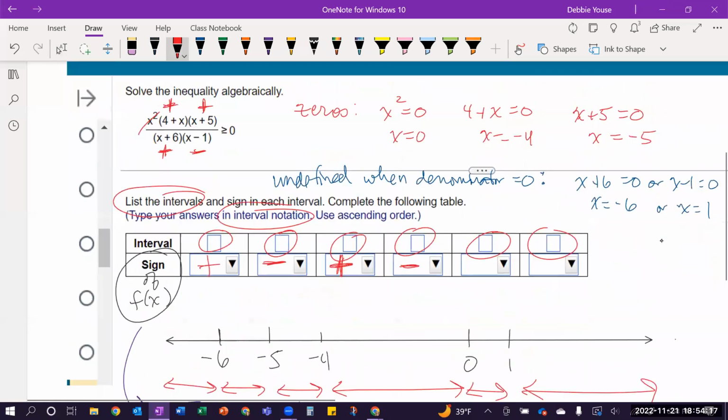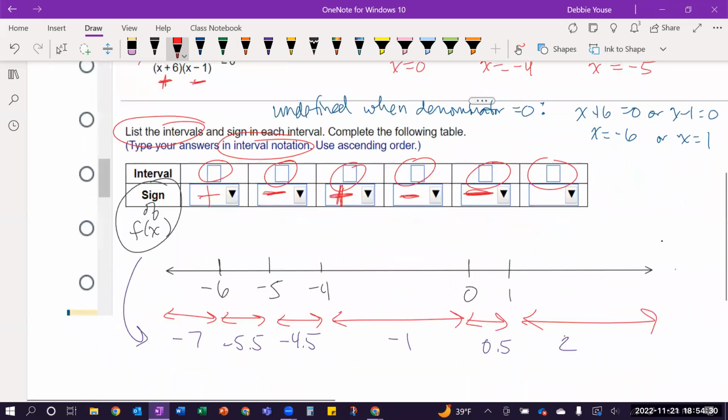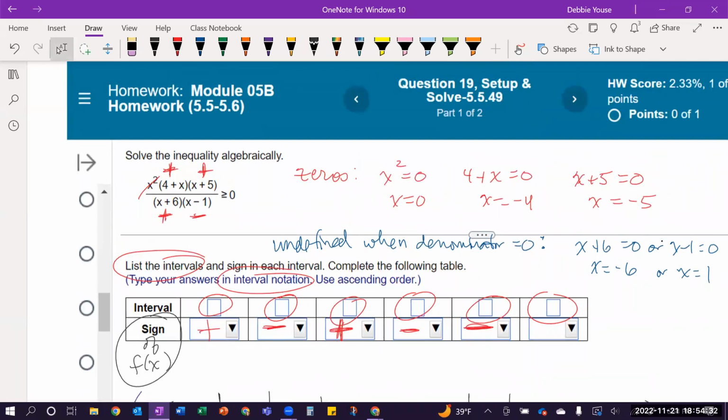Then I picked 0.5, so a half. The top will stay positive, then positive, and then a half minus 1 is negative. Actually, that's going to be exactly the same. So this is going to be negative. And then the last one I picked a 2. So the top will be positive, positive, the bottom will be positive, and then I'm going to change this one to positive. So the whole thing is positive.